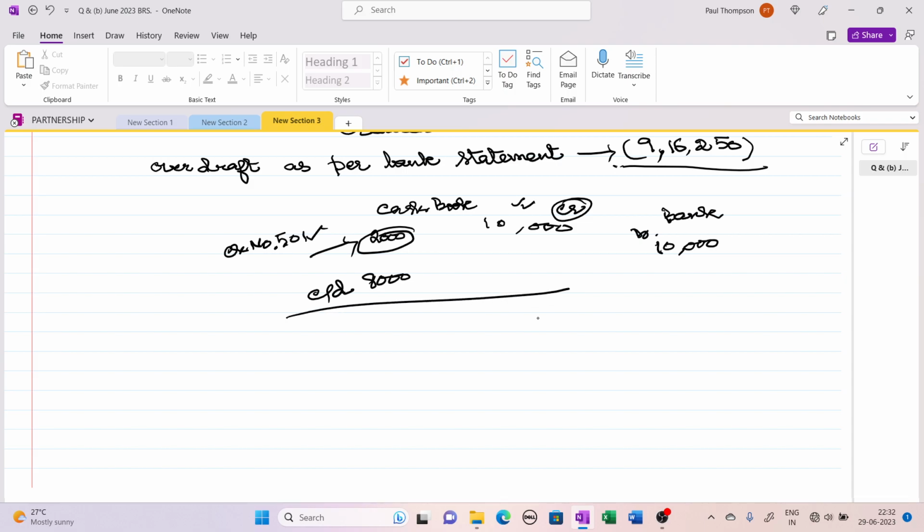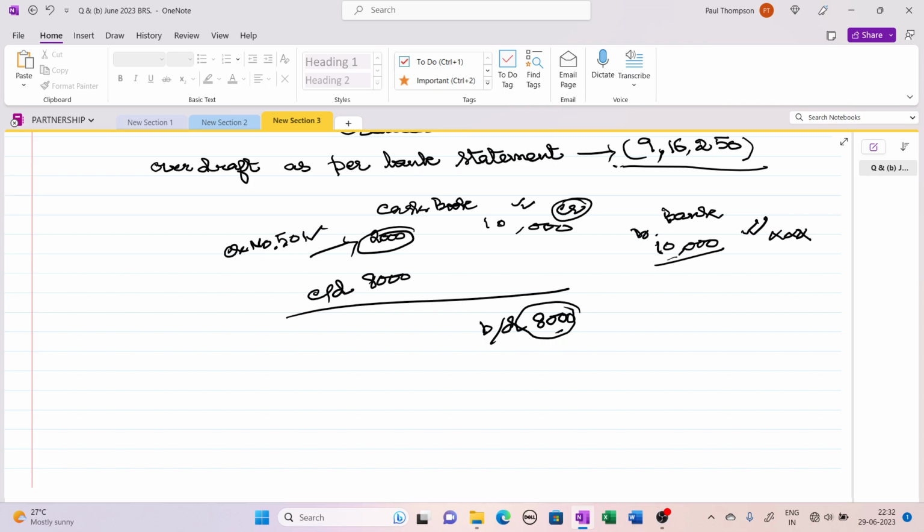So my balance brought down will be on the credit side 8,000. See, my loan has come down by 2,000, but I have deposited this amount into the bank, but the bank has not yet credited it. So in the bank, the loan is 10,000.